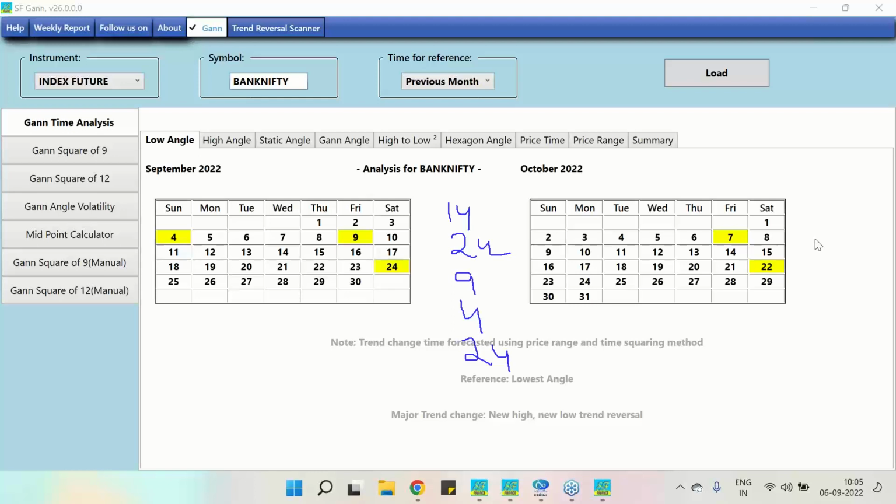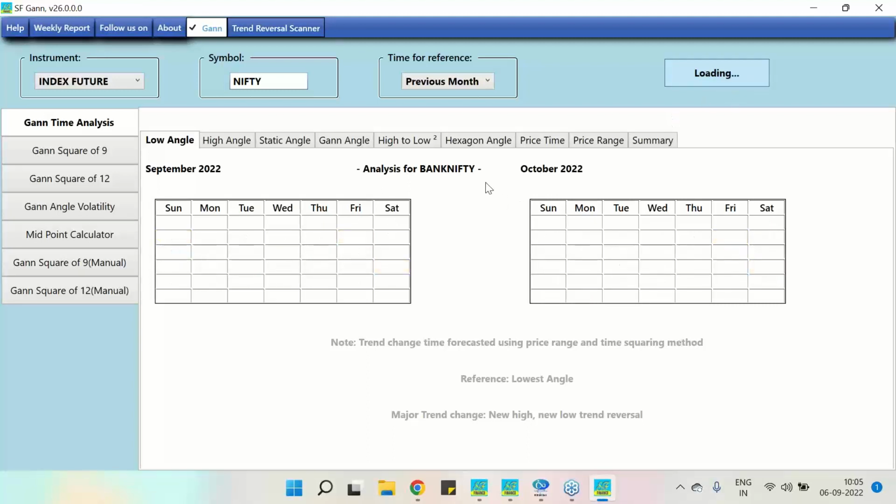In Nifty also, one trend reversal date is already over. I think it was on the 1st of September. On that day a 200 point correction came in Nifty.